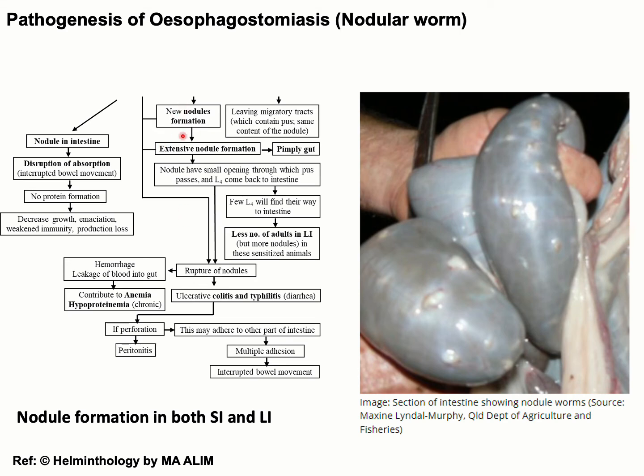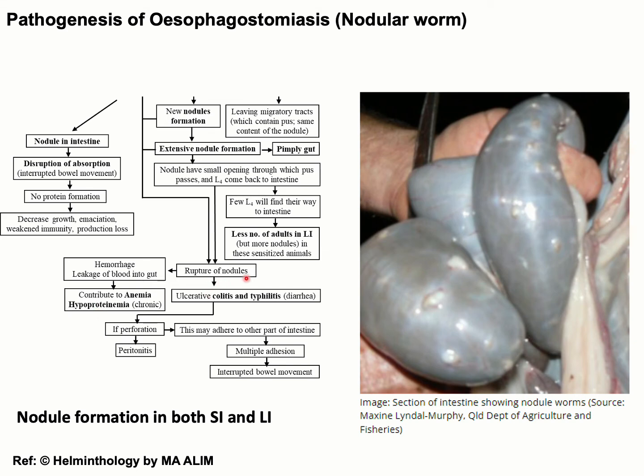So altogether there will be nodule formation, and if there is rupture of the nodule, there will be hemorrhage leading to leakage of the blood into the gut, and this will contribute to the anemia, and in chronic cases there will be hyperproteinemia.